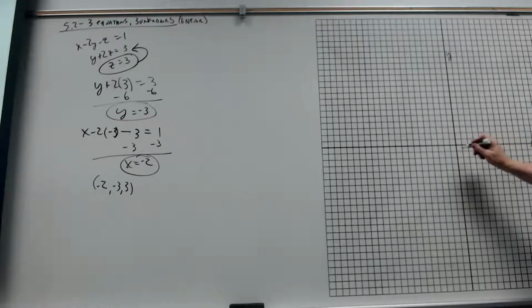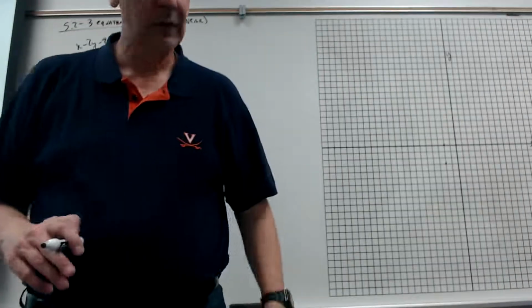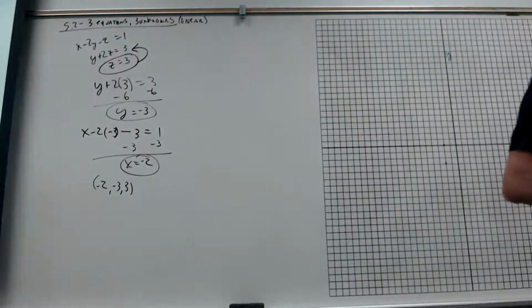And so you'd be at -2, -3, and then, well, you'd be 3 units into the board, assuming that's plus. Okay? So anyway, let's go to another one.